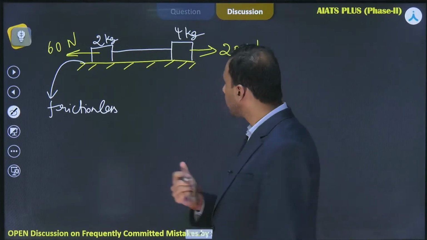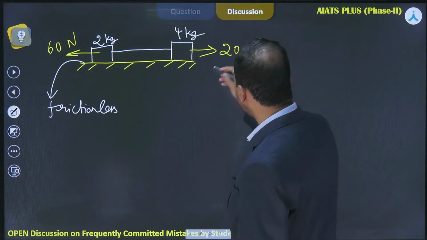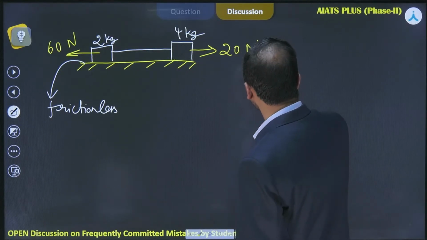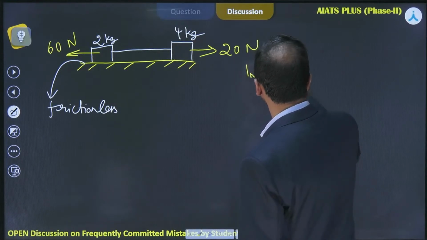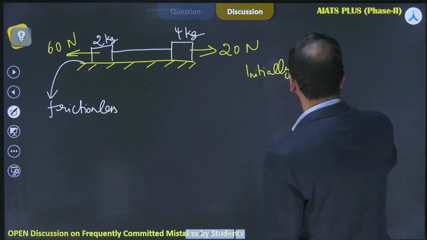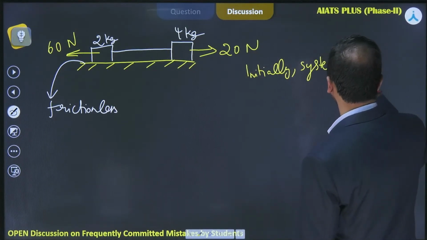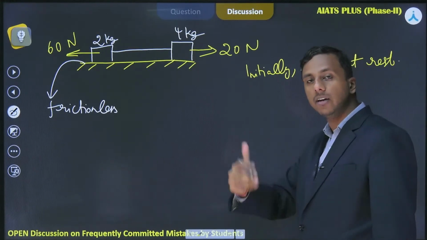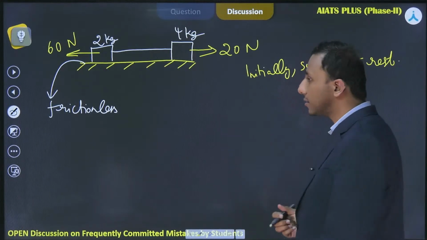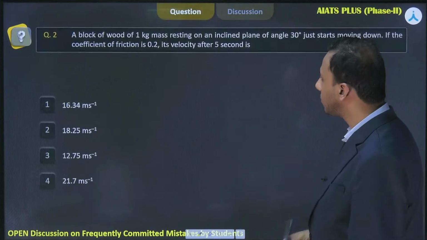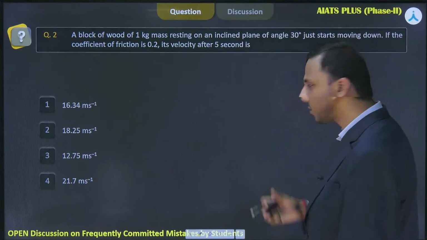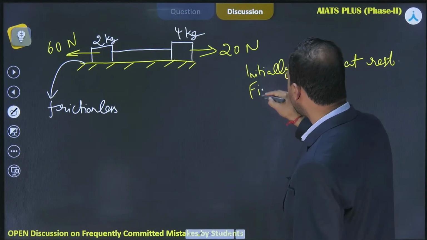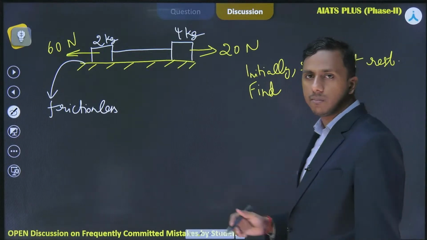So with that in mind, take this question, right? Let's say initially the system is at rest, right? And find the final velocity after 5 seconds. That was the question here, isn't it? Find velocity after 5 seconds. But velocity as in whose velocity? Take any block you want.